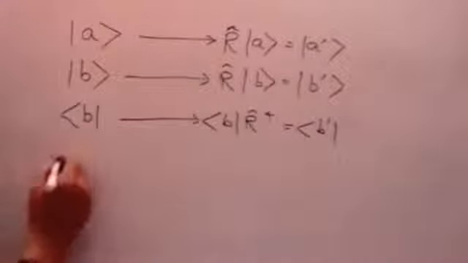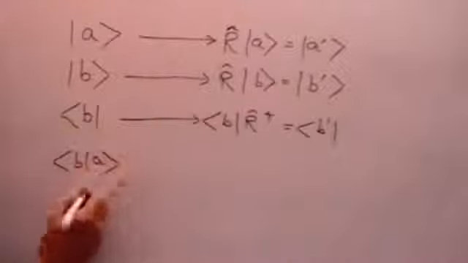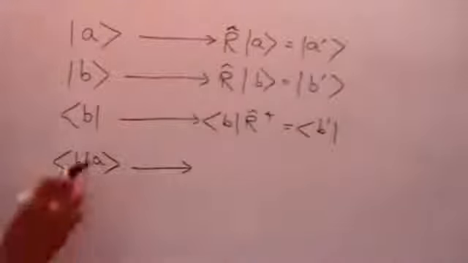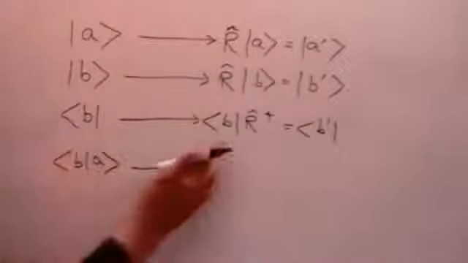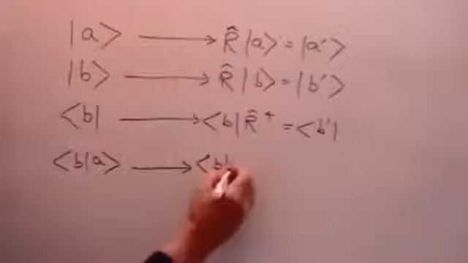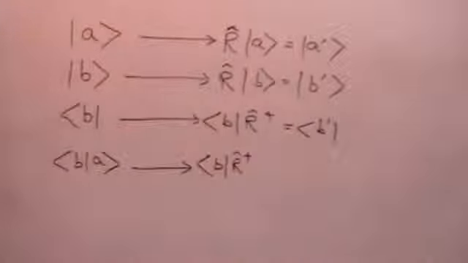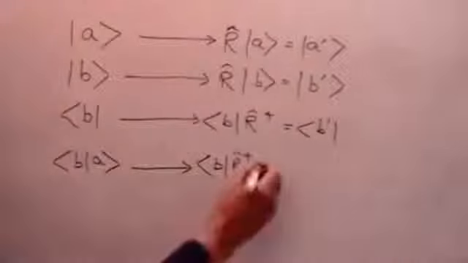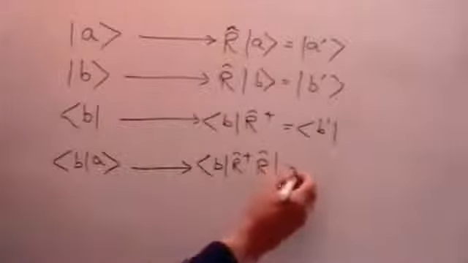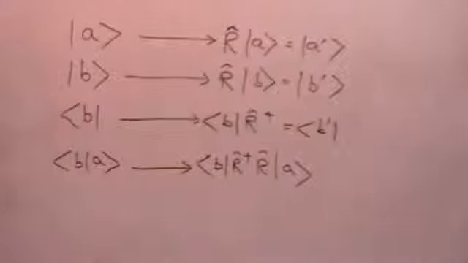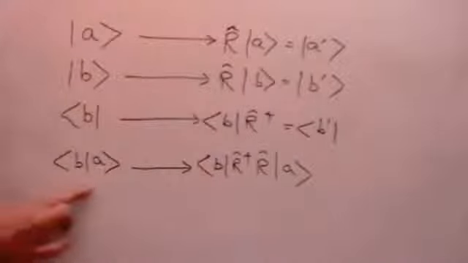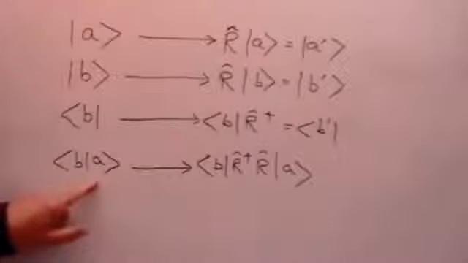Now let's ask what happens if you take the inner product of B with A. And that is essentially rotated. So you're going to get the rotated version of the bra vector of B, which is simply B R dagger, times the rotated version of the vector A, which is R A. Now we use the same logic we used before, which is that whilst A and B may change when you rotate them, the inner product between them does not, because this inner product is just a number.